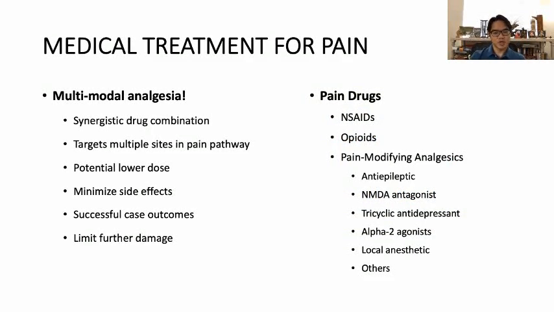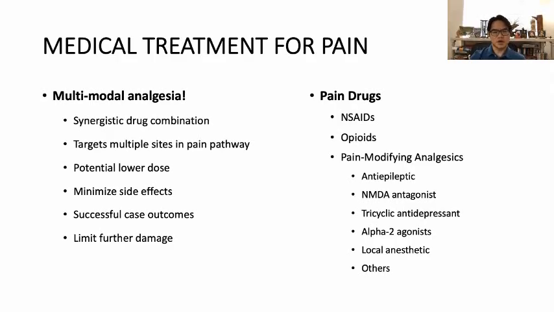When it comes to treating pain, especially maladaptive pain or chronic pain, we know that we should use a multimodal analgesia protocol for a couple of reasons. One is that different kinds of medication, when you combine them together, will provide a synergism that provides better pain relief. Different medications target multiple sites within the pain pathway, so you might be able to get better pain control.